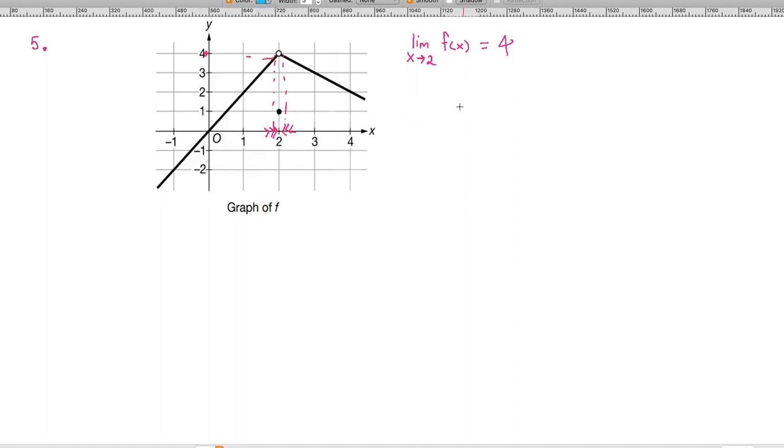I could ask you, is f of x, or let's just say f, continuous at x equals 2?